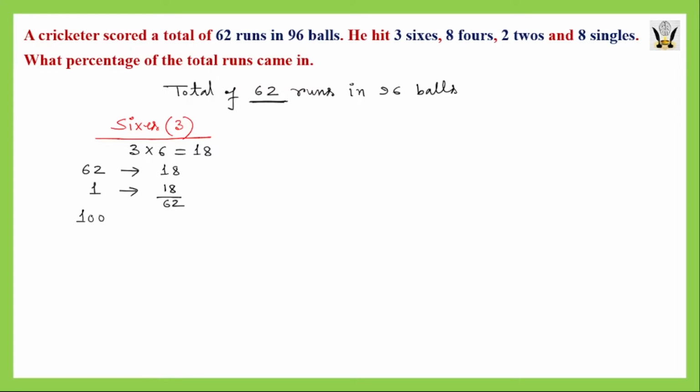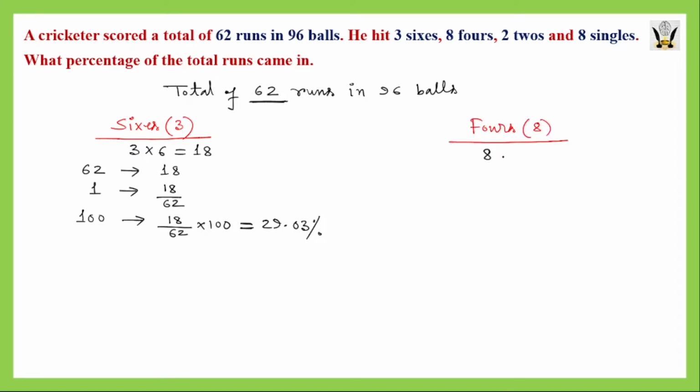If the total run was 100, then how much percentage of runs came from sixes? That percentage we have to find. So 18 divided by 62 multiplied by 100, and that value in percentage will be 29.03%.